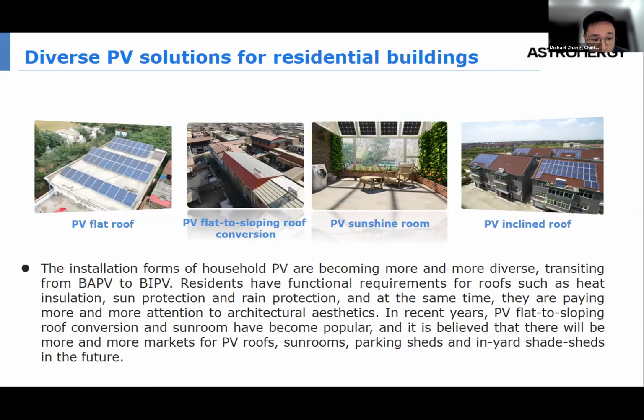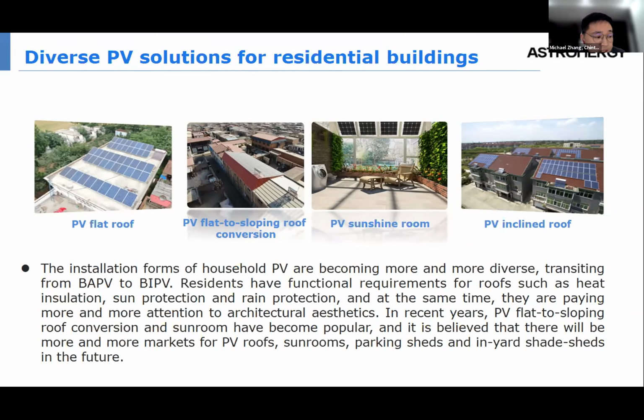The installation forms of household PV are becoming more and more diverse, transitioning from BAPV to BIPV. Residents have functional requirements for roofs such as heat insulation, sun protection, and rain protection, and at the same time, they are paying more and more attention to architectural aesthetics.